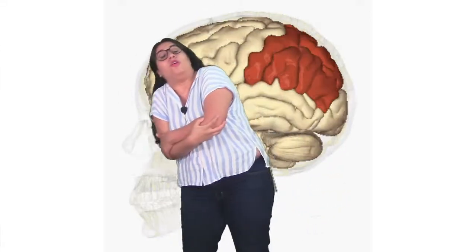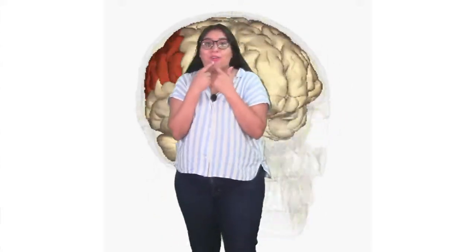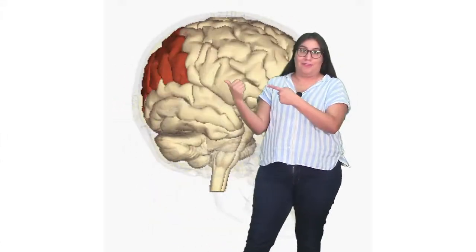This helps us feel if it's cold, hot, or warm. It helps with our mouth, if it's salty or sweet, and with movement. The parietal lobe controls movement and how things feel, if they are soft or like rock.